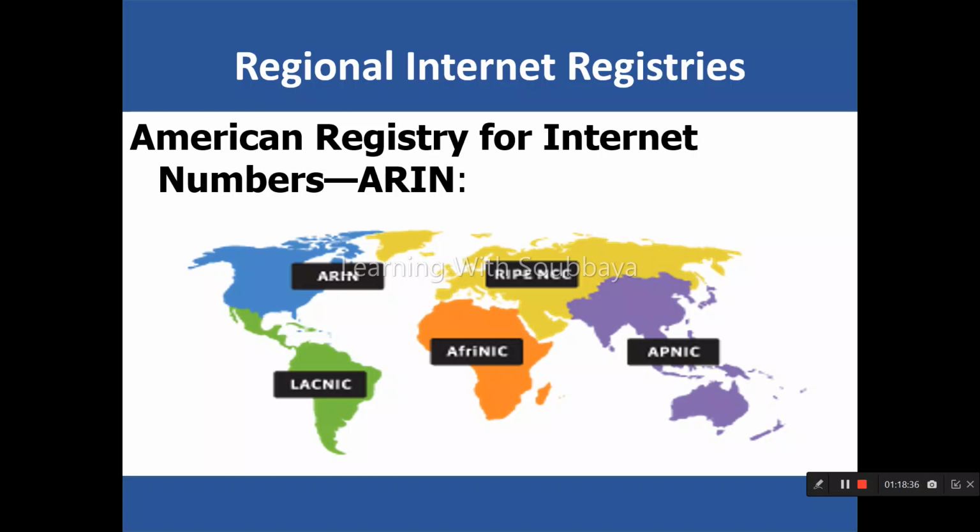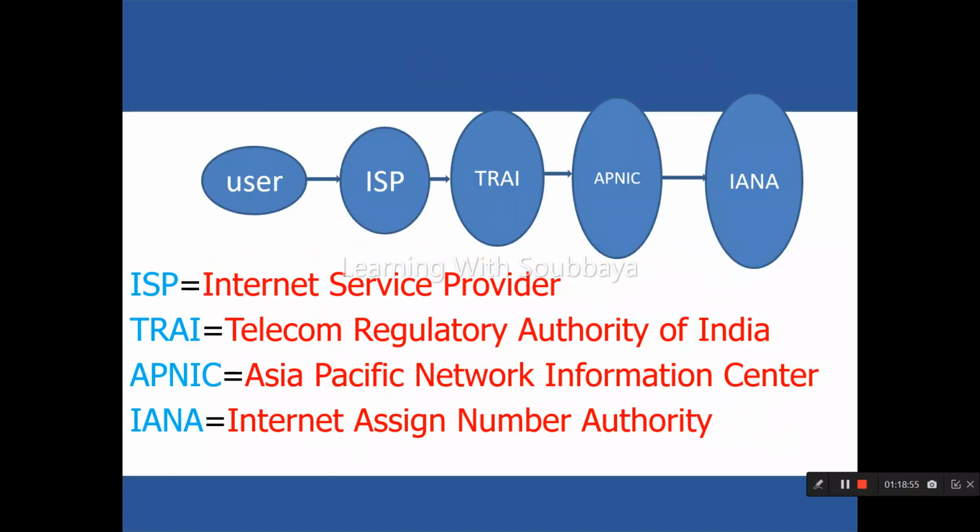This is the region split. The complete IP address space, starting with Class A, Class B, Class C, has been divided into 5 regions. So if you want to get an IP address in India, you have to contact the ISP. The ISP will approach APNIC through TRAI to get the IP address and provide it to us.